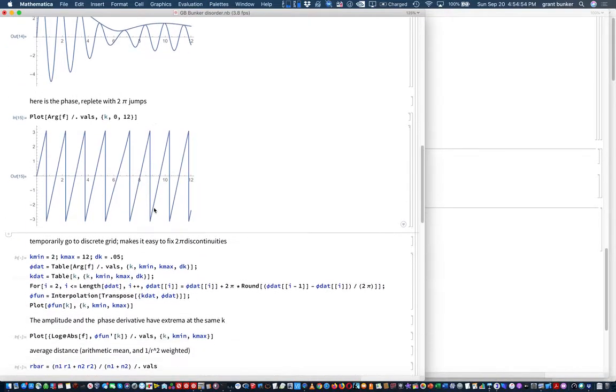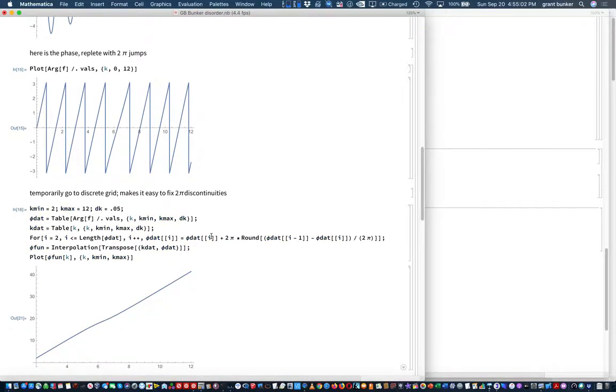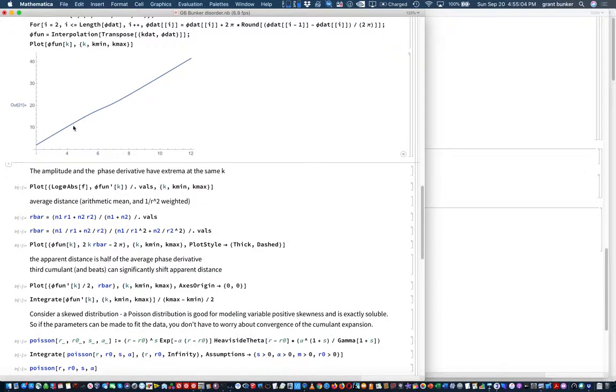Okay, this is the phase. Now the phase has 2 pi jumps in it, so that's not too useful, but we can quickly get rid of those. So here's the phase. If everything were canonical here, the simple forms that you usually think of, this would be a straight line. But you can see it's not quite a straight line. It's got this kind of a jump in it.